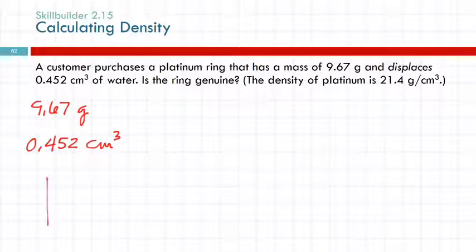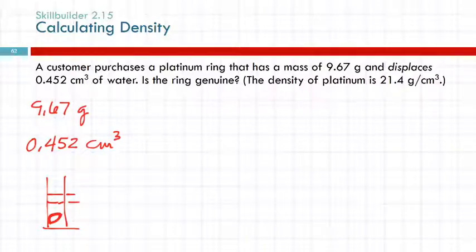So what you can do is you can take a graduated cylinder with some water in it, and you make a note of where the volume was. And then you put the ring into the water. What's going to happen to the level of the water? It's going to rise. It's going to go up. So you make a note of that.